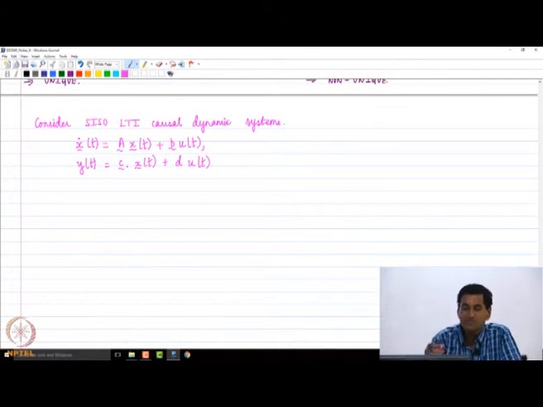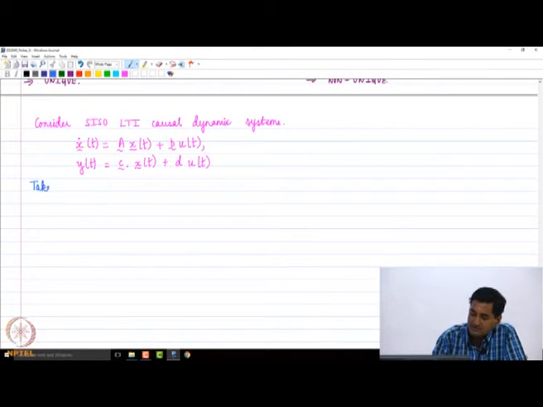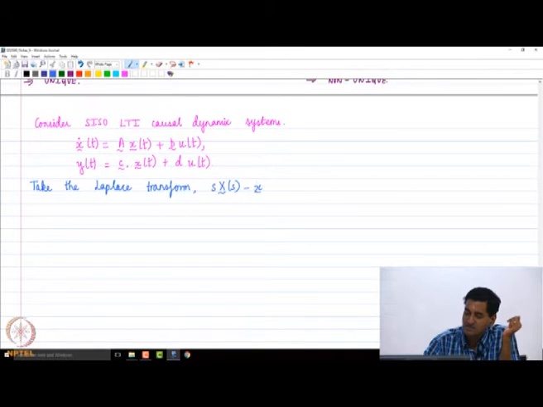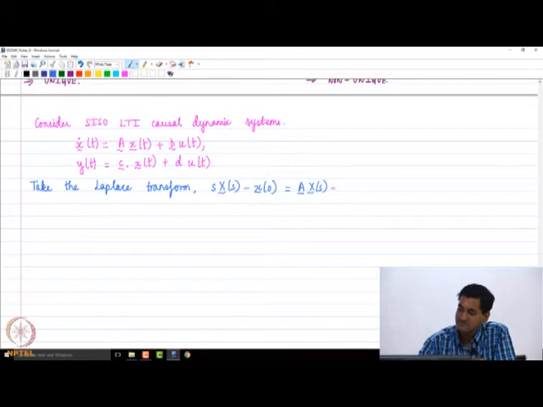Now this is the state space representation. I want to figure out what is the transfer function of the system. Although it's a vector ODE, I can still take the Laplace transform, because it's a linear ODE. So take the Laplace transform of this equation. What do we get for x dot? It's going to be s times X of s minus small x0, which is equal to A times capital X of s plus B U of s.